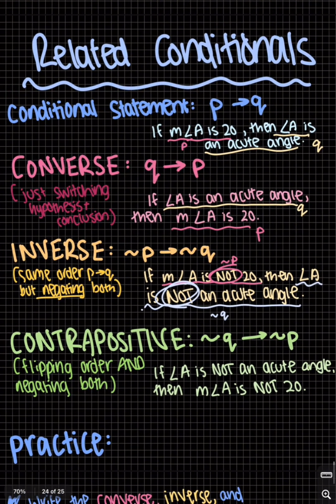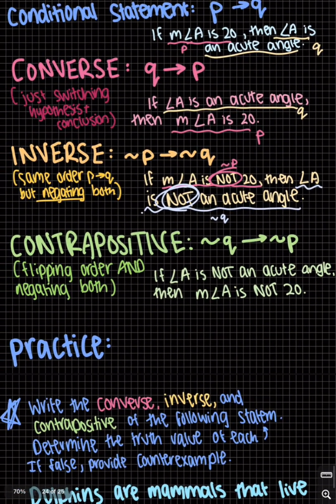Okay, and then the last concept is the contrapositive. Contrapositive is basically you are not only flipping the order of your hypothesis and your conclusion, like here you can see that the negation of the conclusion comes before the negation of the hypothesis, but you are also negating both of them.